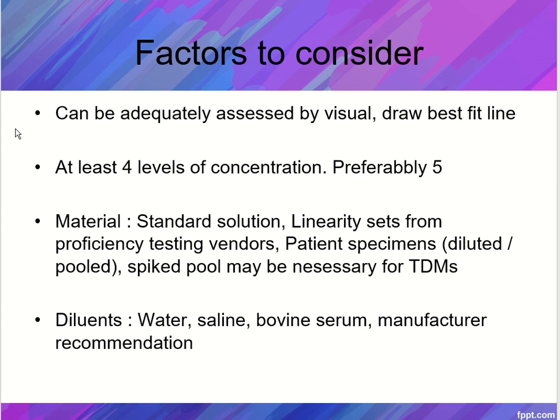Material: you can use standard solution, linearity sets from a proficiency testing vendor or EQA vendor, or patient specimens which are diluted or pooled. A spiked pool may be necessary for TDM, therapeutic drug monitoring. Diluents: you can use water, saline, or bovine serum, as per manufacturer recommendation. Okay, remember, it must be as per manufacturer recommendation.